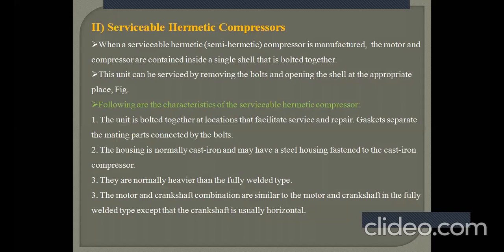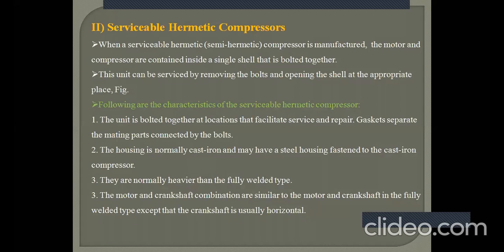Following are the characteristics of these semi-hermetic compressors. First, the unit is bolted, so you can easily repair and service it by just unbolting the cap and removing or separating the gasket. Second, the housing is normally cast iron, and may be a steel housing fastened to a cast iron compressor.